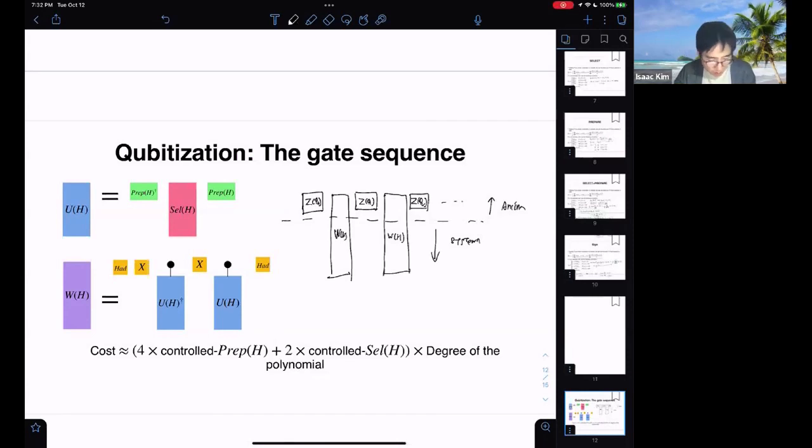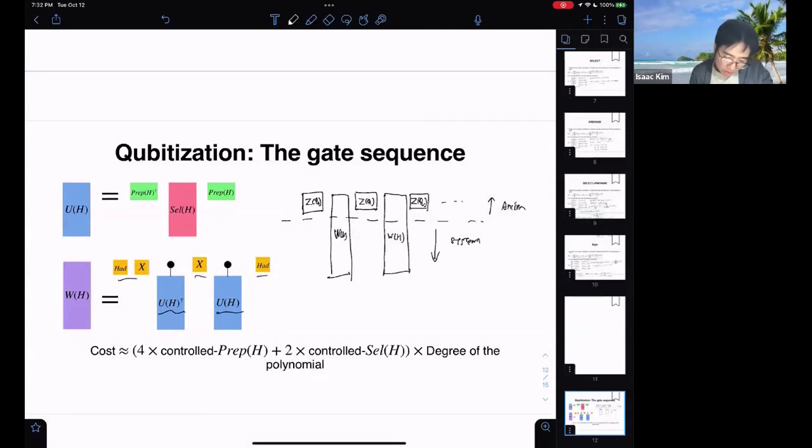And if you look into this W of H further, you can decompose it into a sequence of a controlled unitary of H, unitary of H dagger, and a controlled unitary of H, and just some single qubit operations.